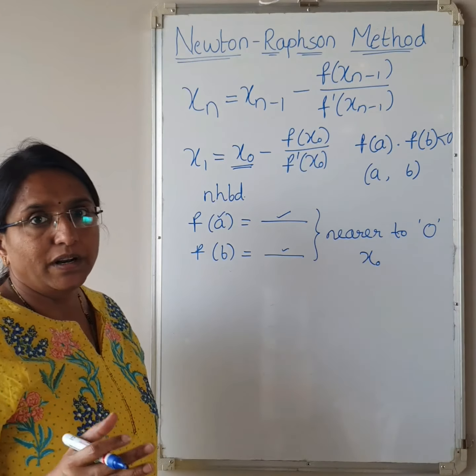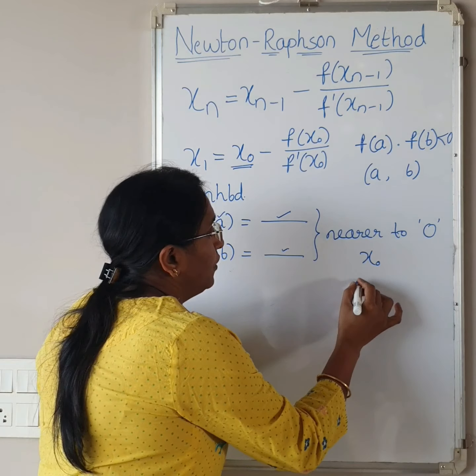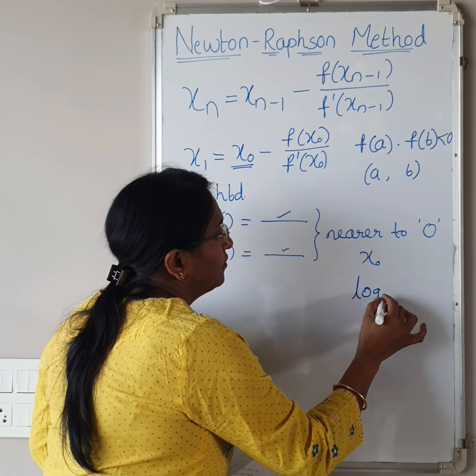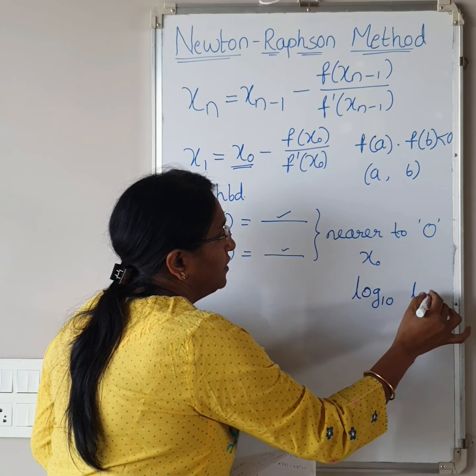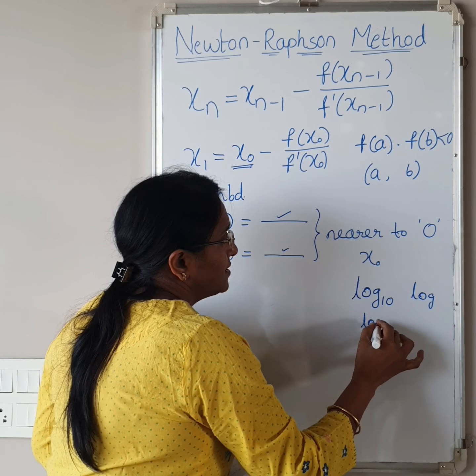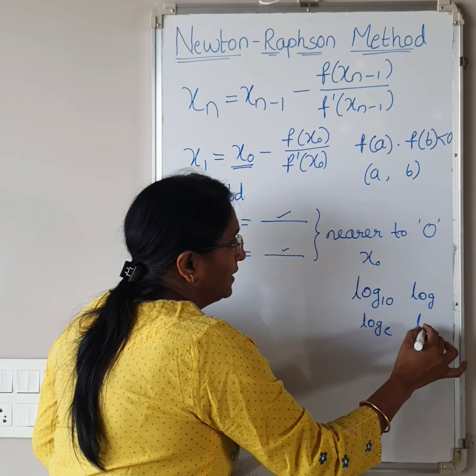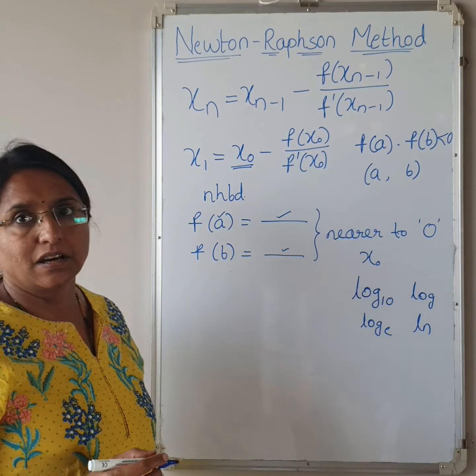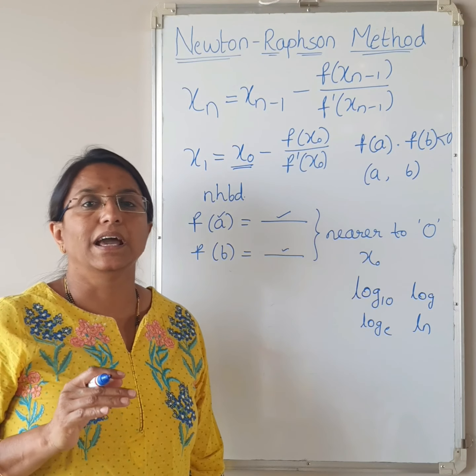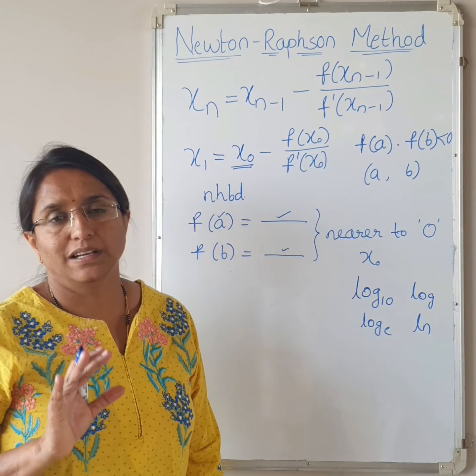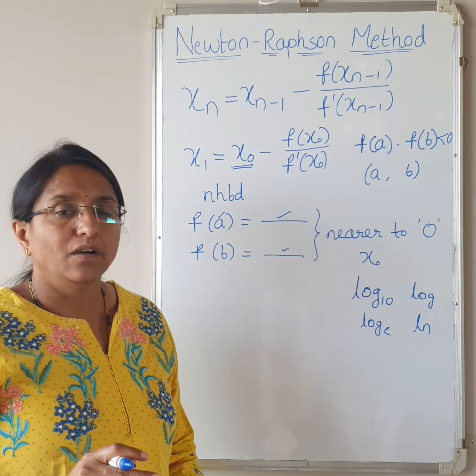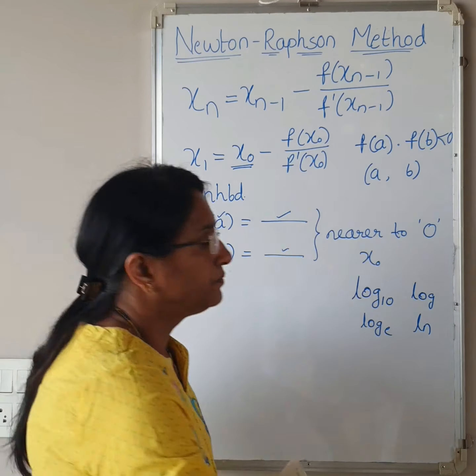Again here, one more time I will tell you, that is if log to the base 10 is there, you have to take log, and if it is a log to the base e, then you have to take ln, and if trigonometric functions are there, then you have to keep your calci in radian mode. That is very important.